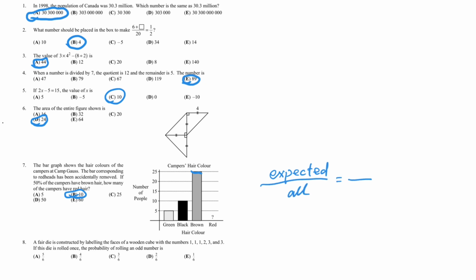Expected, that's the odd numbers. So the odd numbers are 1, 1, 1, 3, 3, 5 odd numbers, total 6 numbers. The probability is 5 over 6. Therefore, the answer is A.